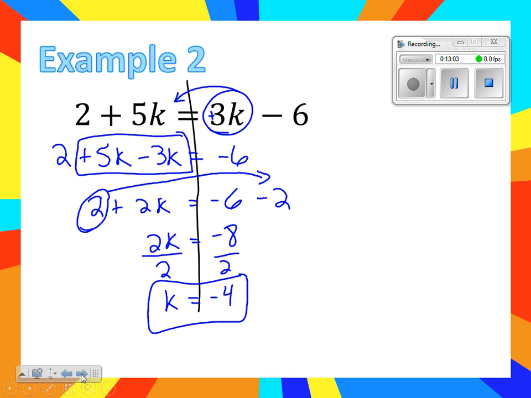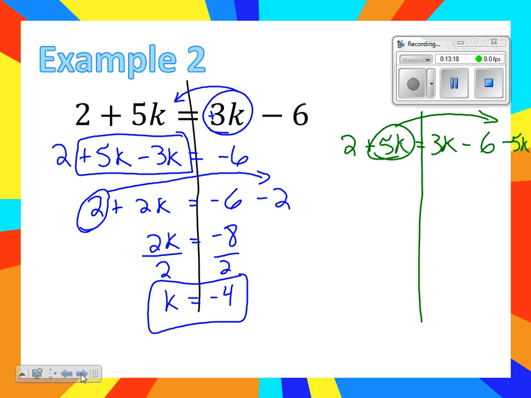Okay? So option 2, if you solved it a different way, just to show you. Okay, pick something different. I moved the 3K first, so Austin says, let's move the 5K over. What happens to it when it moves over? It becomes a negative, so what is left on this side? 2. 3K and negative 5K gives me a negative 2K.